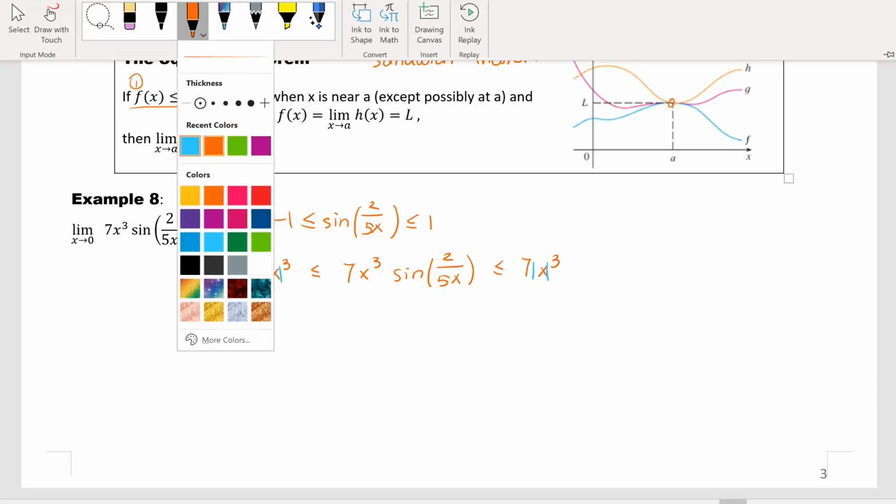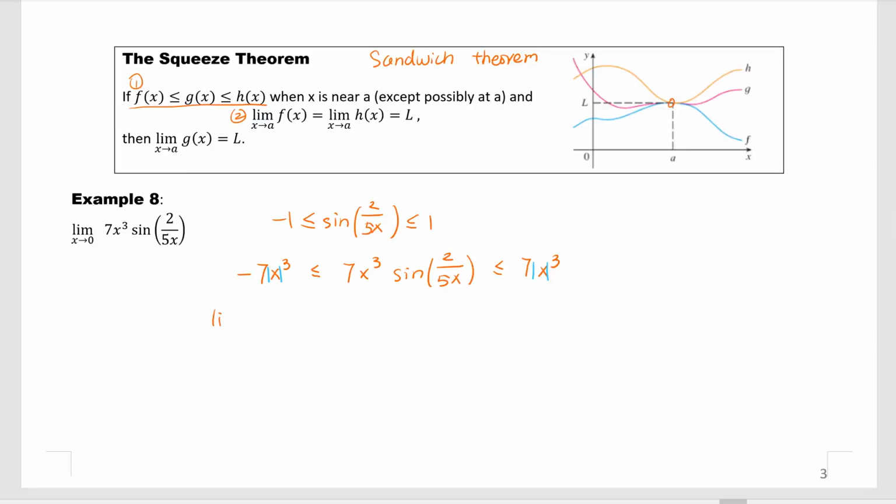We find the boundary functions, and next, let's check the limits of each boundary function as x goes to 0. When x goes to 0, the absolute value of x goes to 0, so we can just plug in 0, and this is 0. And the limit as x goes to 0 of 7 times the absolute value of x cubed is also 0.